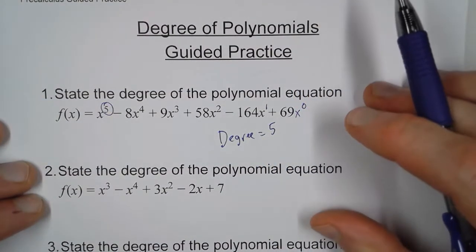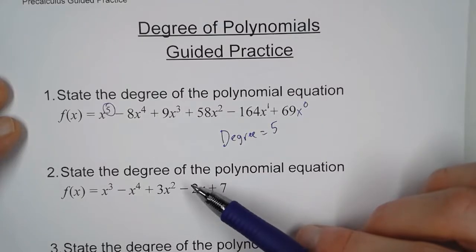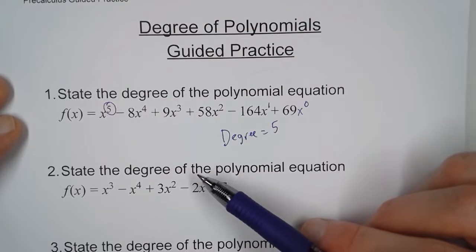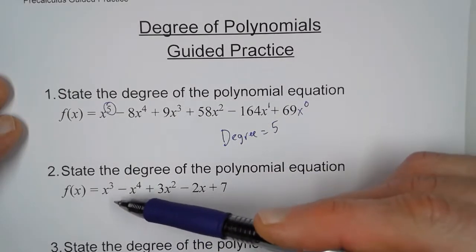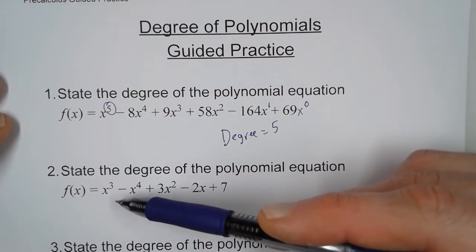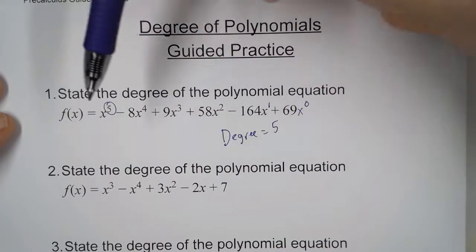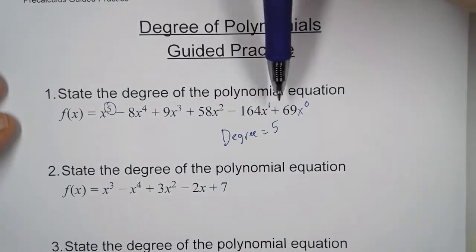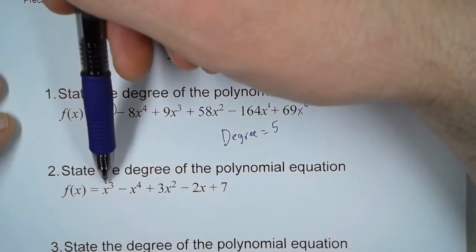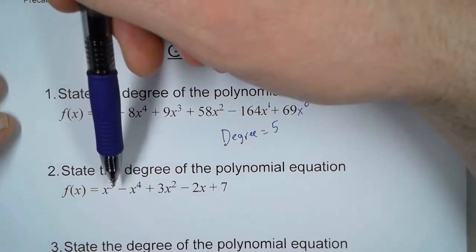Now looking at number 2, students often get the wrong idea that the degree is the power on x that comes first. Now, usually it should be, because when mathematicians write a polynomial, they always write it with the highest power first, and then they write them in descending order. But for number 2, it's actually not what the degree is, because 3 is not the highest power.